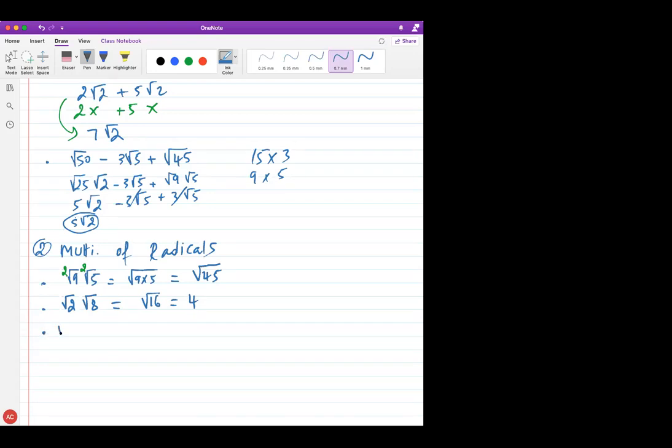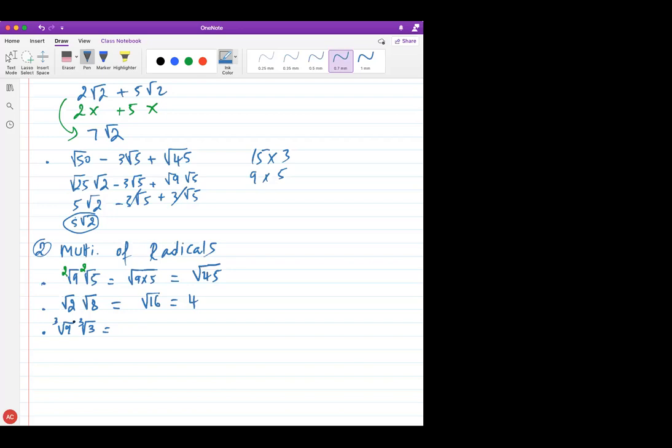You may also have different radicands. Let's say you have 9 here, maybe you have 3. Can we multiply these radicals?